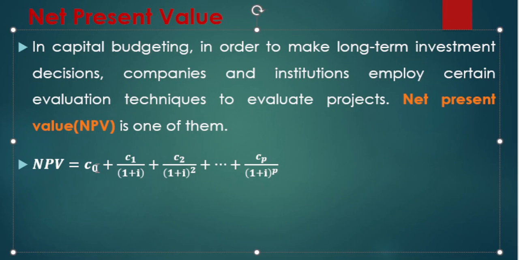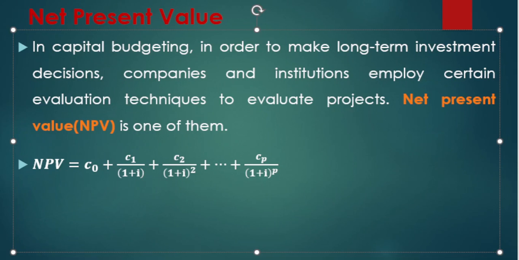In the first year, the cash flow remains the same, but in other years, the cash flow is given to you, and you have to multiply it with the discounting factor. This 1 upon (1 plus i) raised to n is known as the discounting factor.